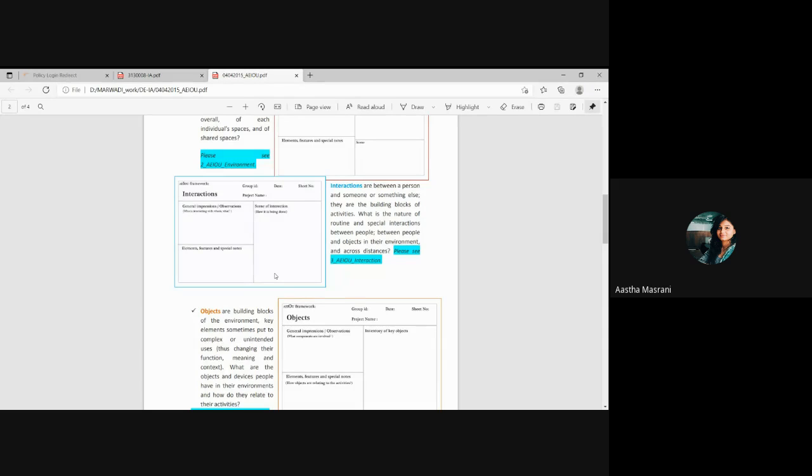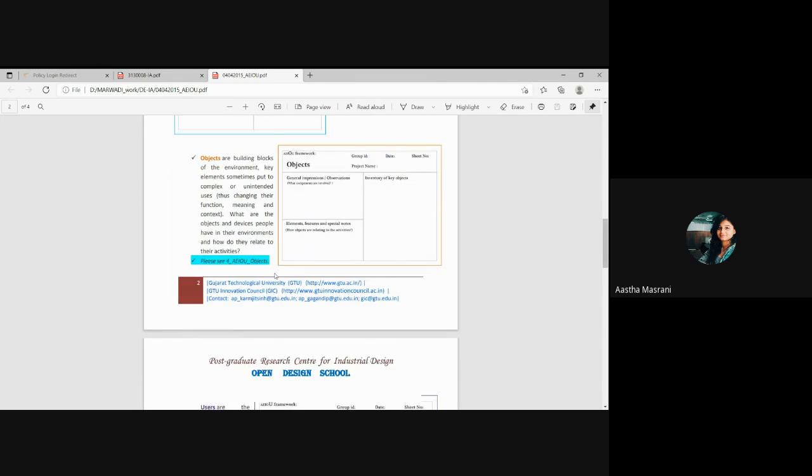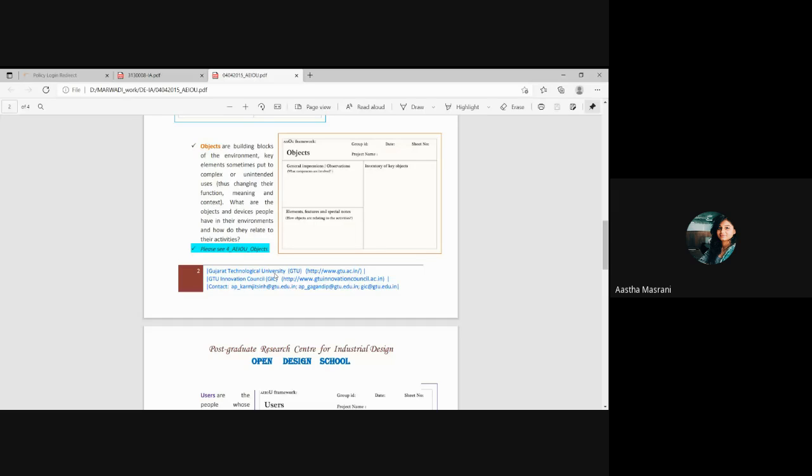Right? In AEIOU, the last is users. So you can find some photo of it and stick it in that users portion. Now, moving on to the object. In the objects portion, you just need to mention the key objects that are being used for that application. One of the things is a mobile that we need for using that application.